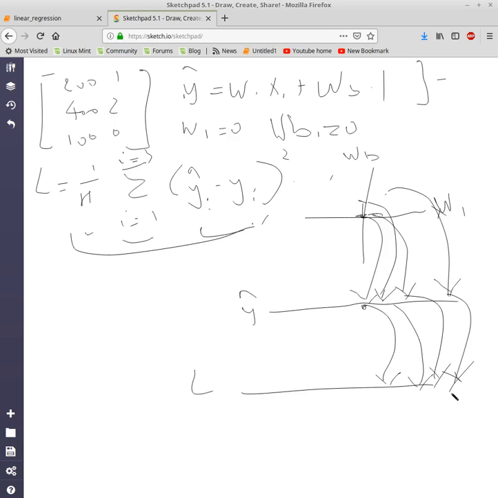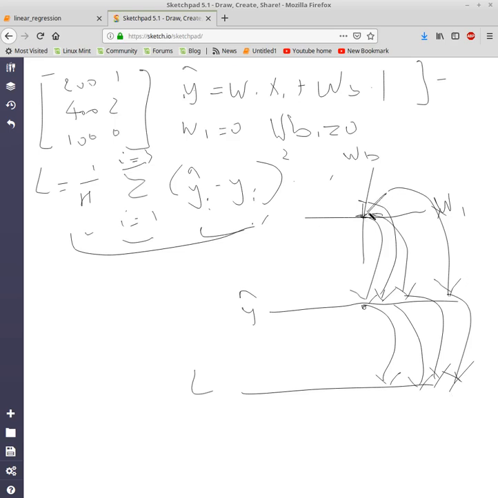So if we change both W1 and WB, it will again change y hat by the amount that changing WB changes y hat, plus the amount that changing W1 changes y hat. We can see that with the equation y equals W1 x1 plus WB times 1. If we change WB by some amount, y will change. If we change W1 by some amount, y will change by dW times x1.